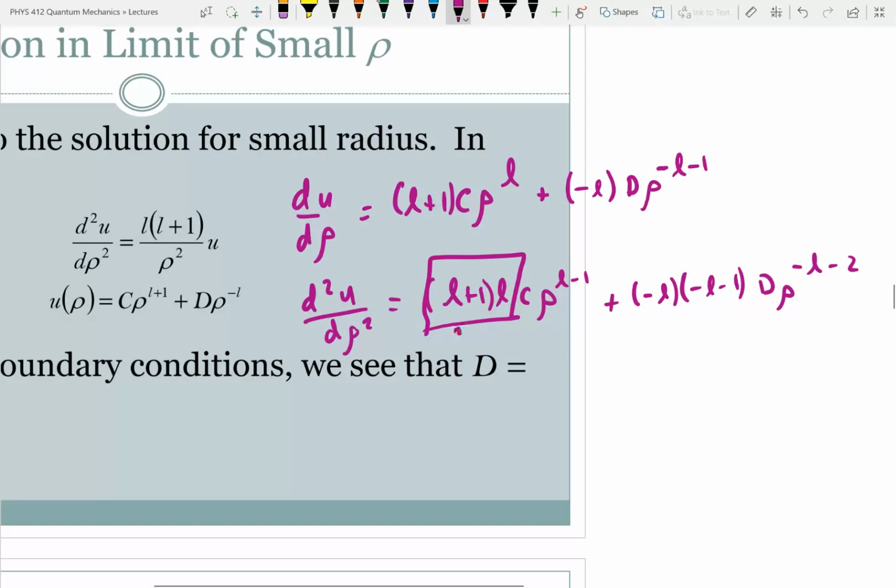So that term is a solution. And this one here, a minus and a minus, that's a plus l times l plus 1 times rho to the minus l minus 2. Indeed, those are both solutions.